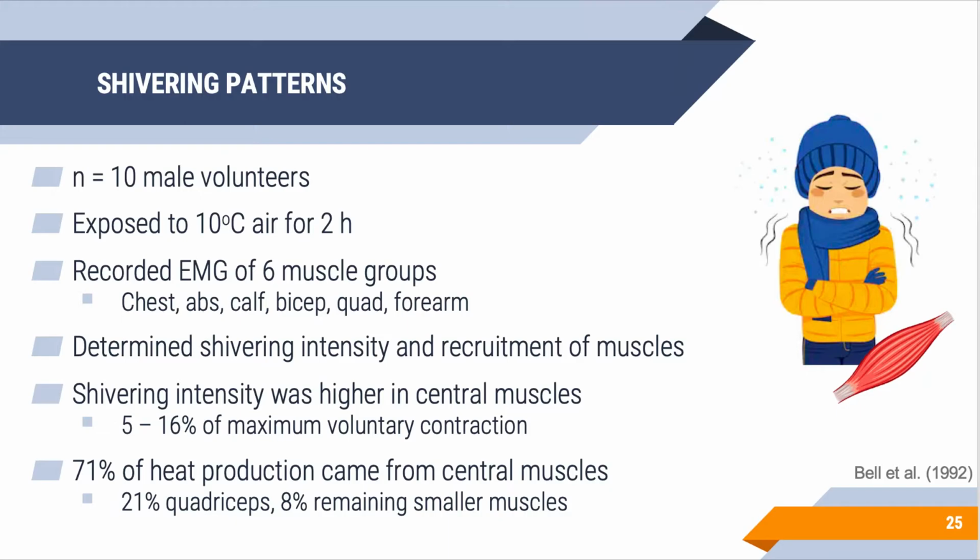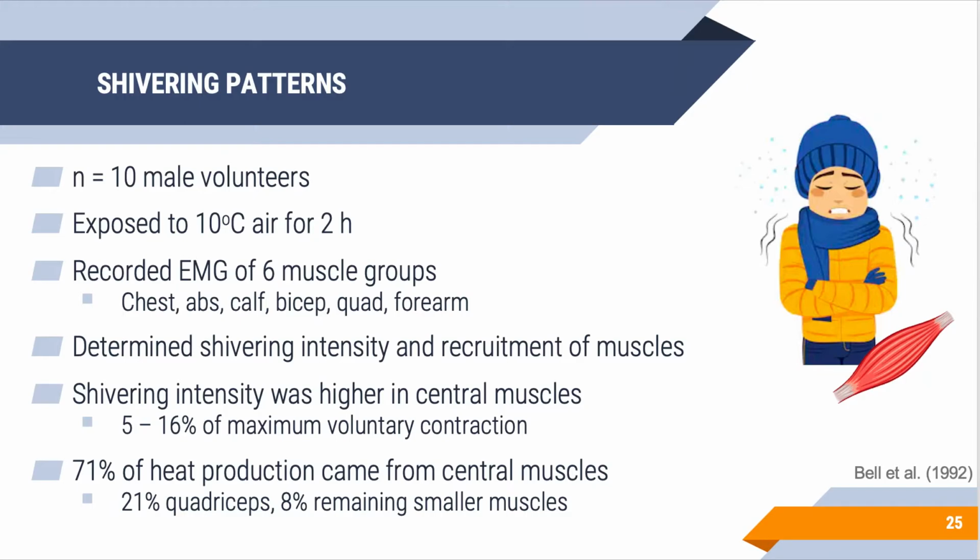And what they found was that shivering intensity was highest in the central muscles, so the muscles closest to the core, whether that was the chest or the abs. And the intensity of the shivering equaled about 5 to 16% of the maximum voluntary contraction. So that's pretty intense shivering.